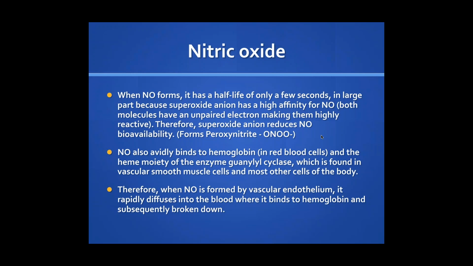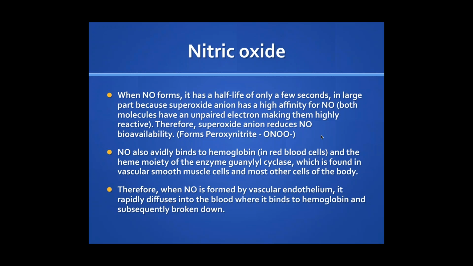There's that ONOO molecule. I call it the oh no, because it's bad news. But basically, what happens is if we've got too much superoxide being created, then it creates an overproduction of peroxynitrites. So we'll look at that again in more detail as we go along.